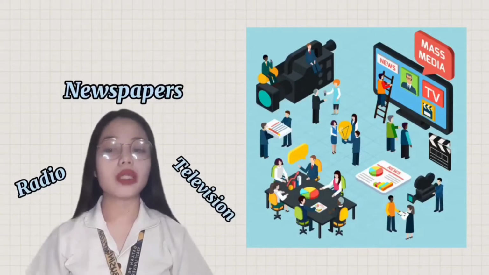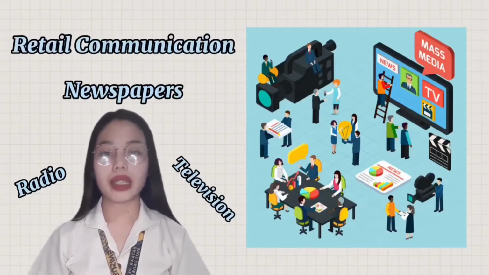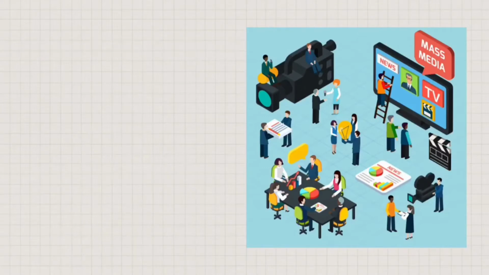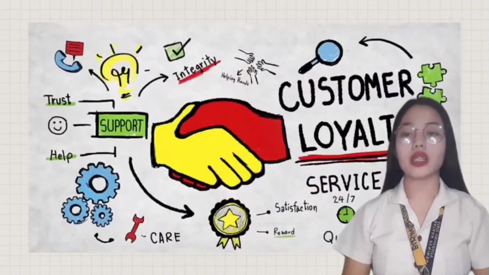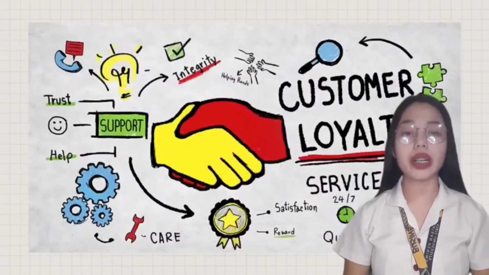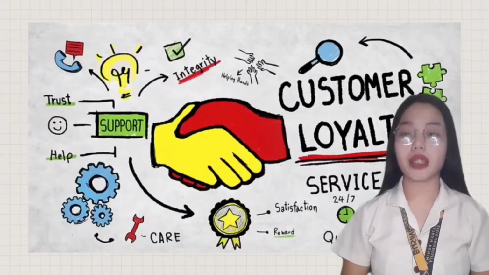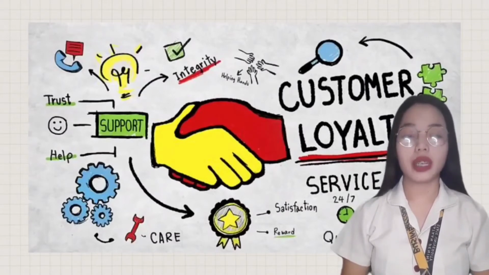Those are just some examples of retail communication in terms of advertising. In addition, communication programs inform customers about the retailer as well as the merchandise and services. They play a role in developing repeat visits and customer loyalty.